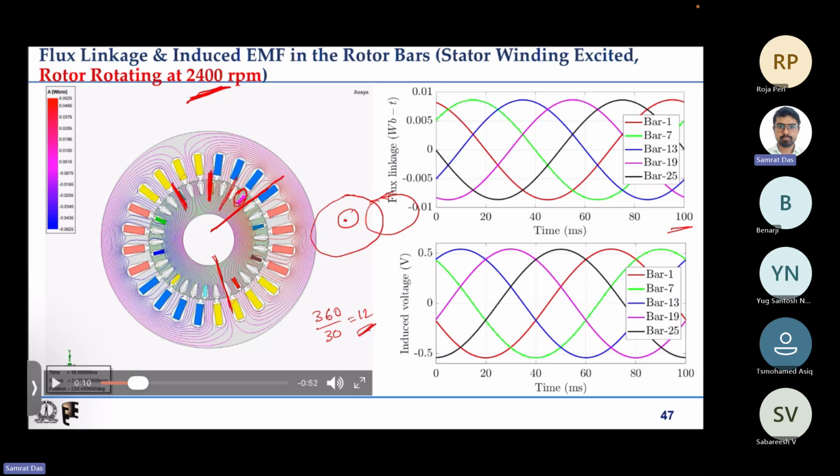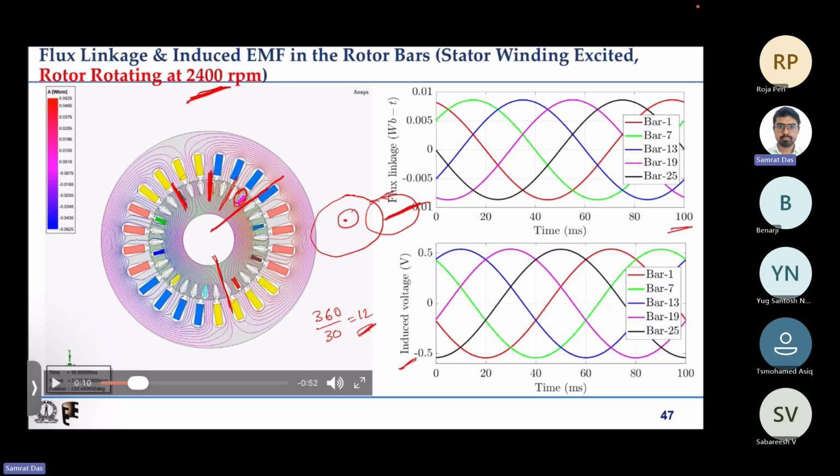Because it is a linear system, what do we mean by a linear system? If we excite it by a certain frequency, the output will also be of the same frequency. To get the induced EMF from the flux linkage, we just take the differentiation of it. From induced EMF to applied voltage to current, linear system theory comes in.